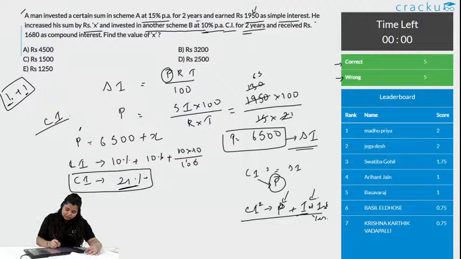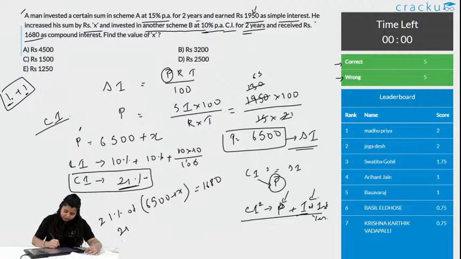If compound interest is 21%, that means 21% of 6500 plus X is equal to, what is it given? It is saying he got the interest of 1680, right.